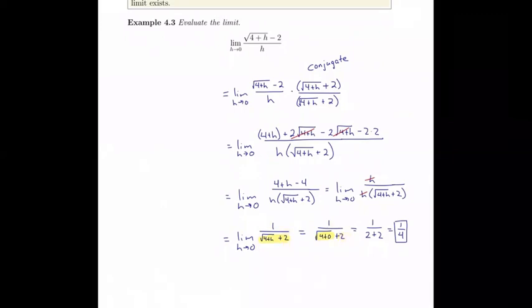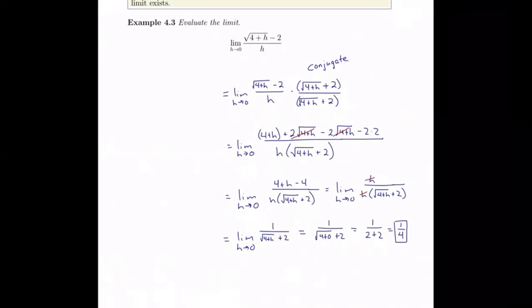And then we use the root limit law to get inside here at 4 plus h, the sum law to get to 4 and h, and then we take, well, the limit of 4 is 4, the limit of h as h goes to 0 is just 0. And maybe that's too many steps for most students, but it's good to be able to identify all of your limit laws. We end up with 1 over root 4 plus 2, so this is a 2 plus 2, and we have 1 over 4 is our final answer.